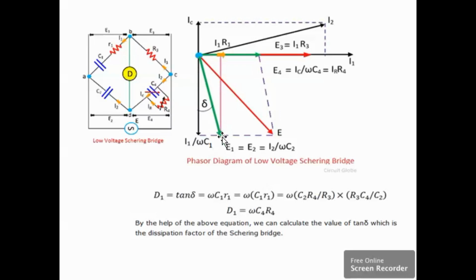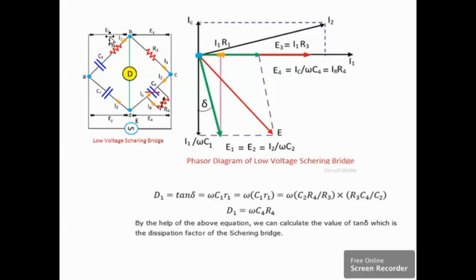E1 is equal to E2 when the bridge is balanced. Here E1 is equal to E2. E2 is I2 by omega C2. In the third arm, it consists of only a resistance, so it is I1 R3. This is E3, and E3 must be equal to E4 when the balance condition is achieved.